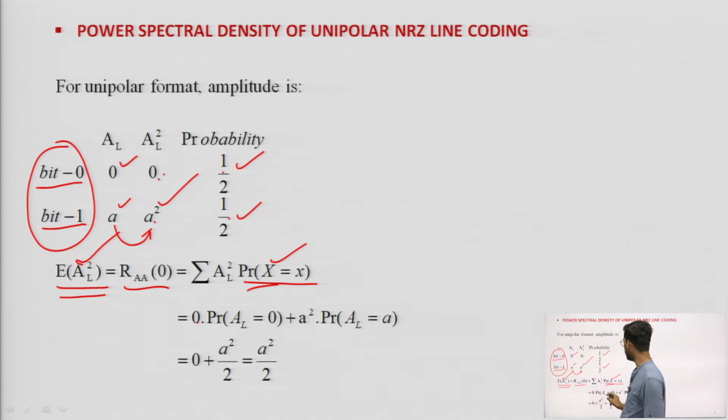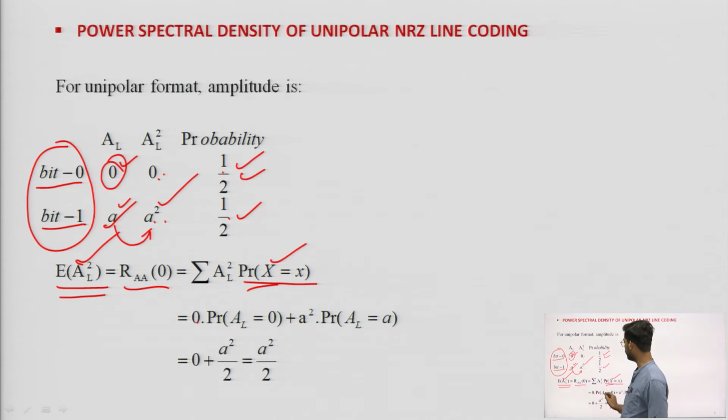So 0 multiplied by the probability of A_L equal to 0, plus A square multiplied by the probability of A_L equal to A. When A_L equals 0, what is the probability? Half.